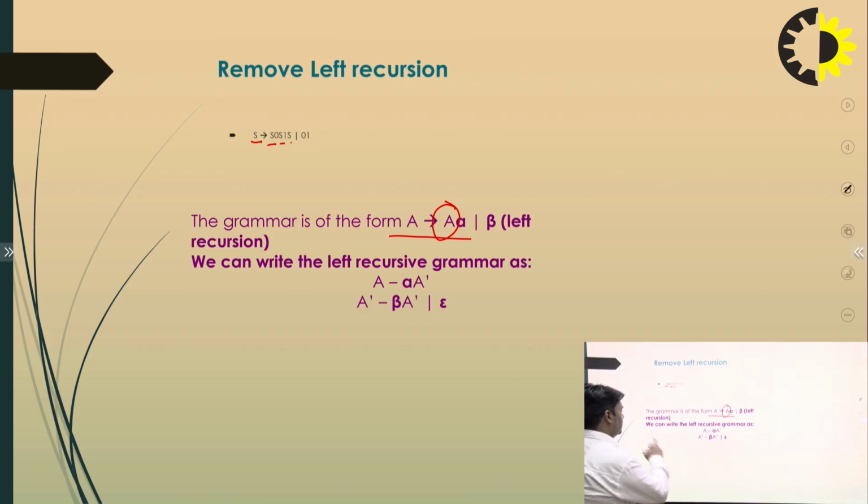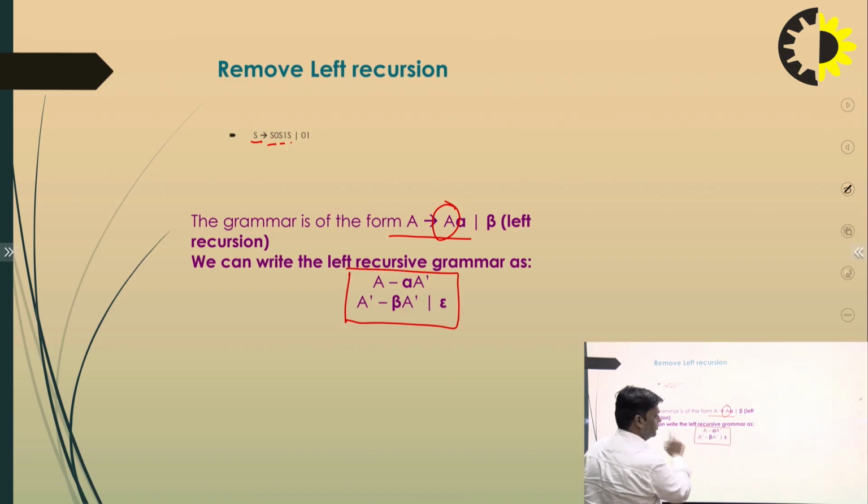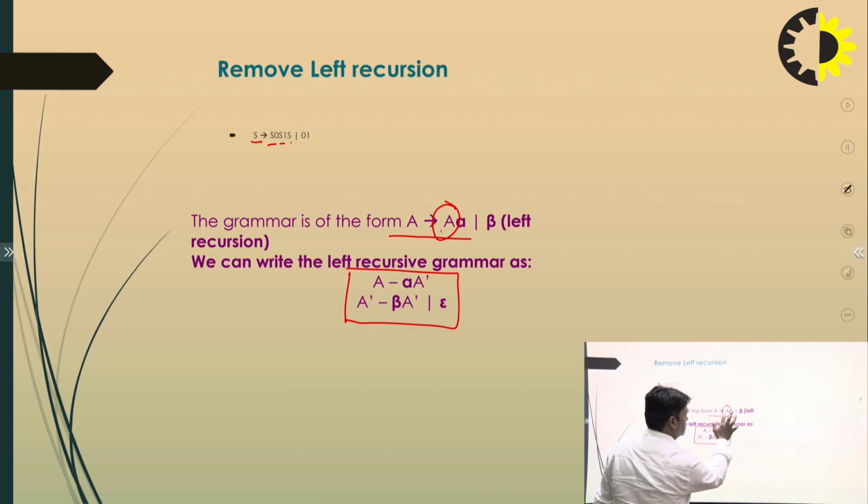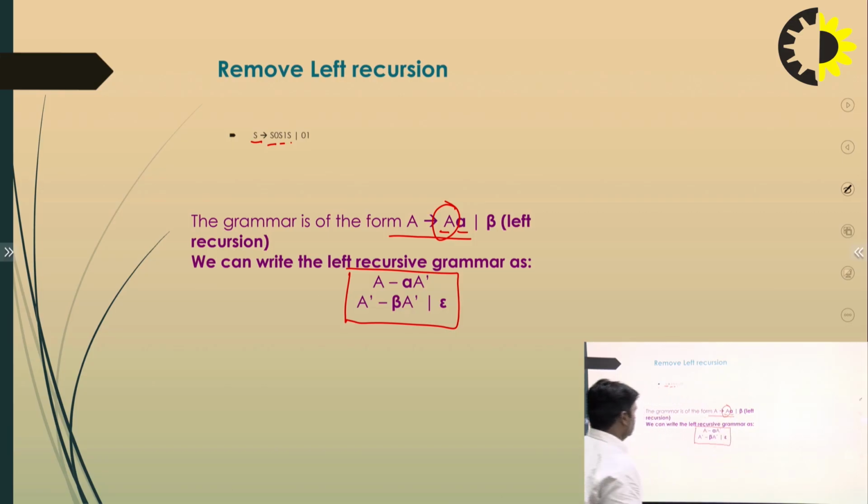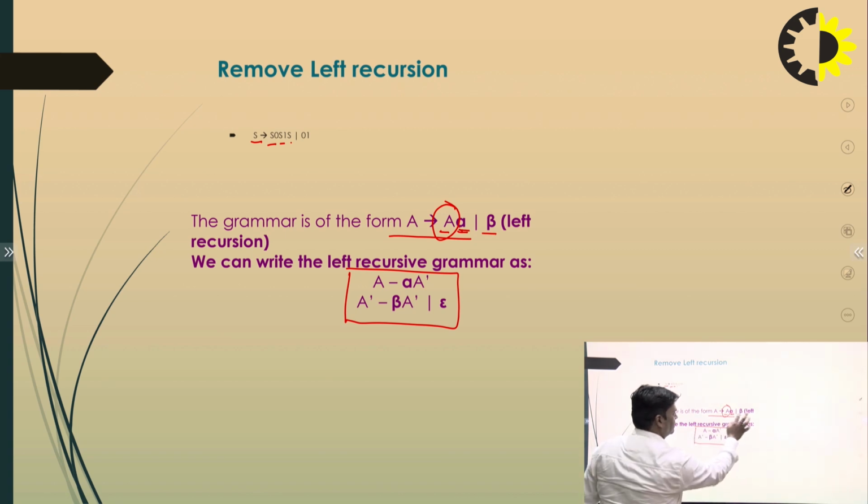How do we remove the left recursion? We replace the symbols in this form: A implies A alpha or beta, where these symbols are known as alpha and beta.